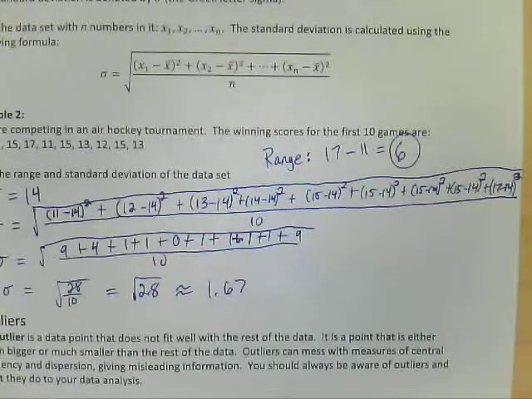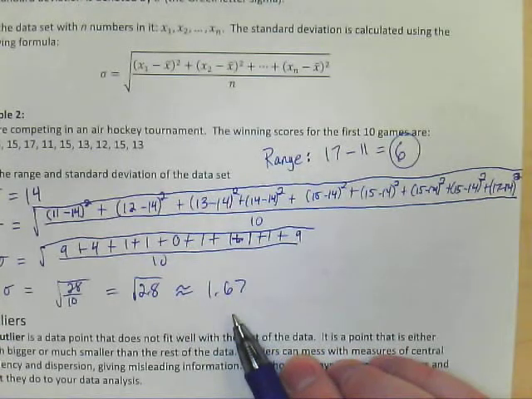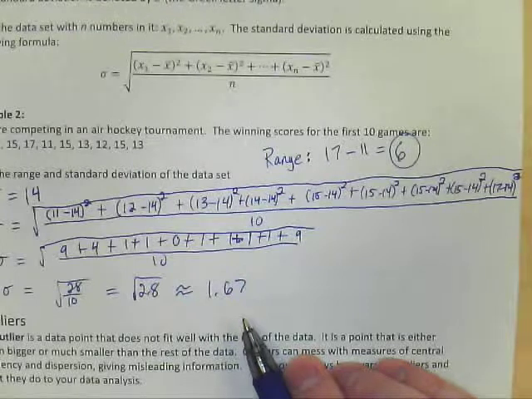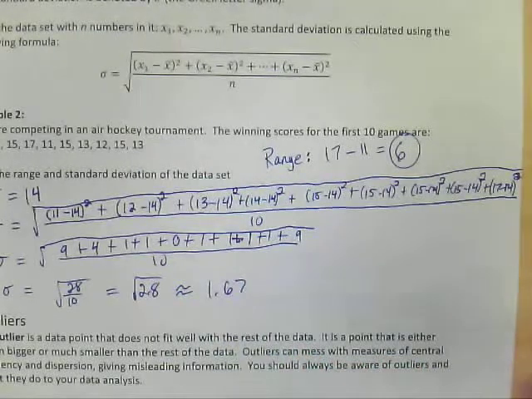Now, what this standard deviation means, and we're not going to go too in depth into this, but basically, well over half of the data is within one standard deviation of the mean, the average. So that means that about 60% of the data falls within 1.67 to the left or right of the average. About 95% of the data would fit within 2 standard deviations of the mean.